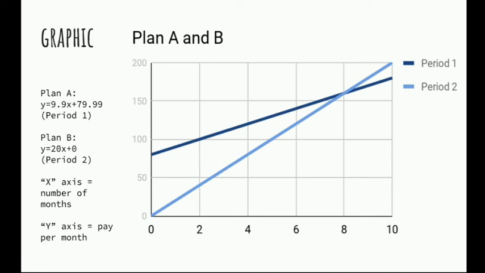That means that we need 8 months as a member before Plan A becomes more cost-effective than Plan B. We can see it in the graph, because despite the fact that both slopes are constant, one of them is more inclined than the other.